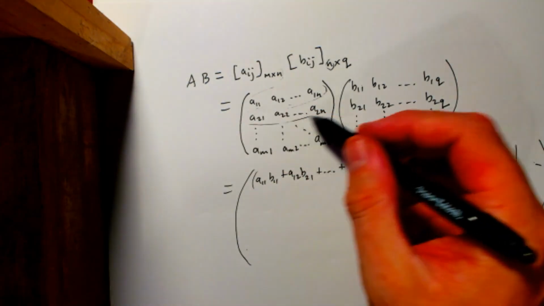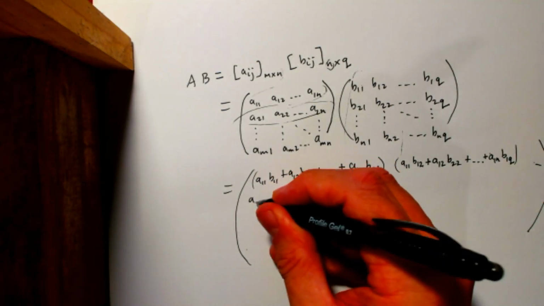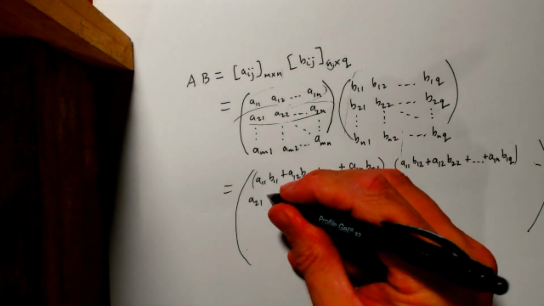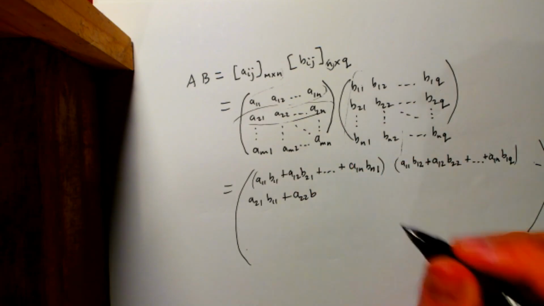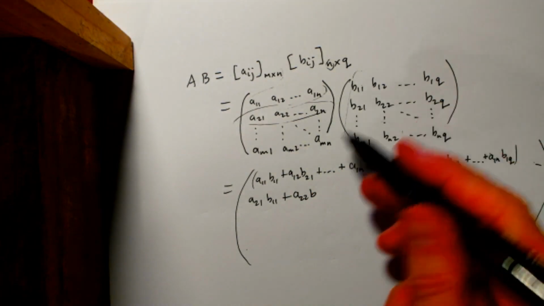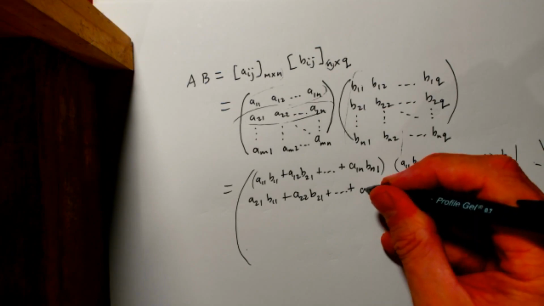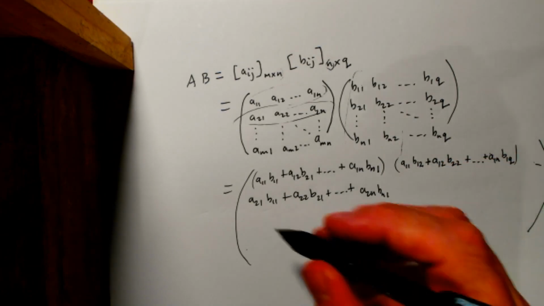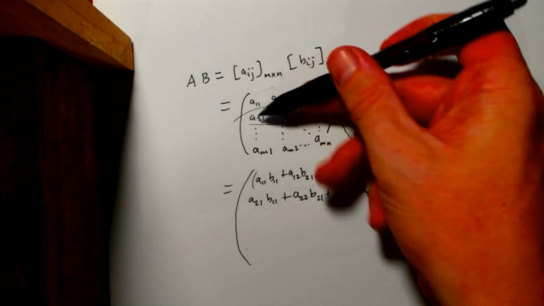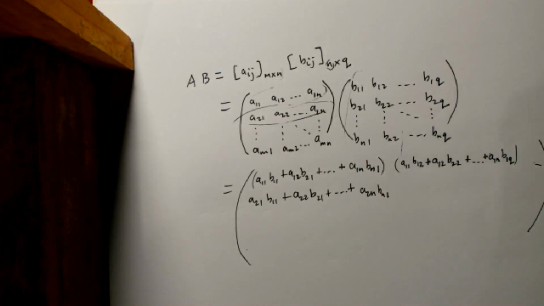So you take the second row times the first column, and so that, for example, is A21 times B11 plus A22 times B21, and so on up to A2n times Bn1. Now that we've got that, we move on to second row of A times second column of B, and you write down what that would be, and so on.